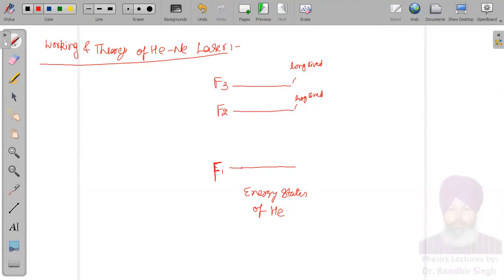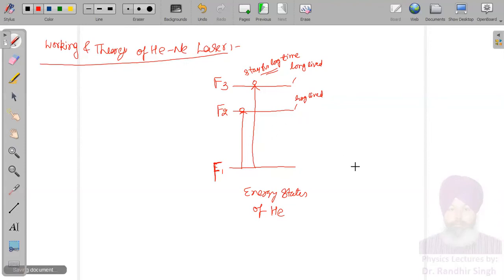So when we excite helium atoms from F1 to F2 or from F1 to F3, the helium atoms stay here for a long time and will not prefer to come to the ground state earlier. So it will not be feasible for us to get light at a fast rate if we use helium only.